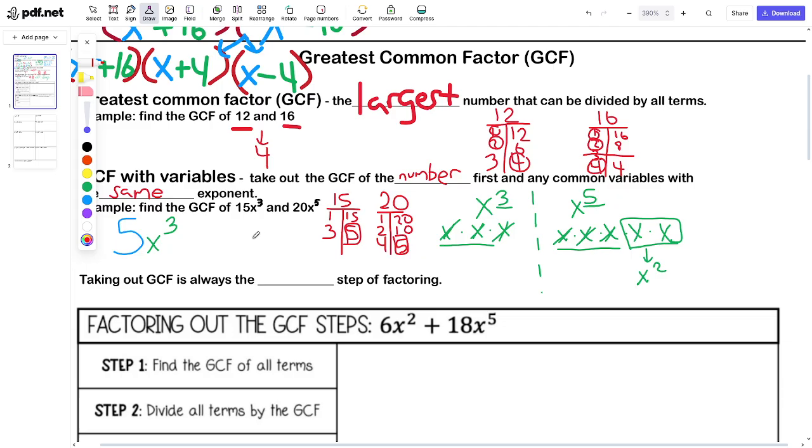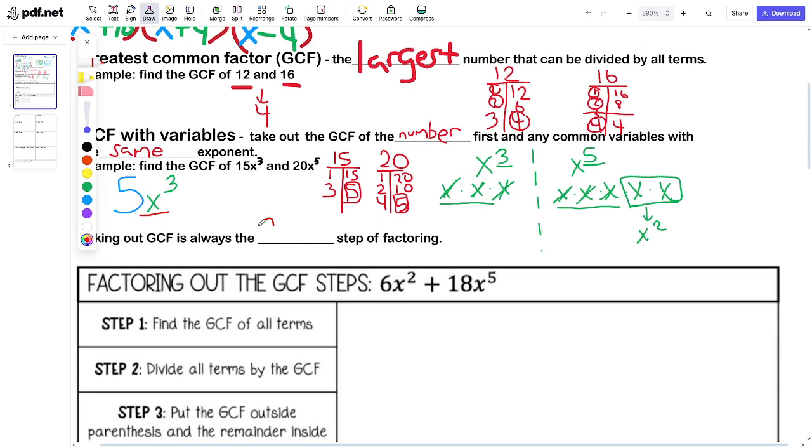I just have to make sure we understand right now that when you are taking out a variable with an exponent, you're taking that many x's out of each of them. So these have x cubed in common. Taking out the GCF is always the first step of factoring.